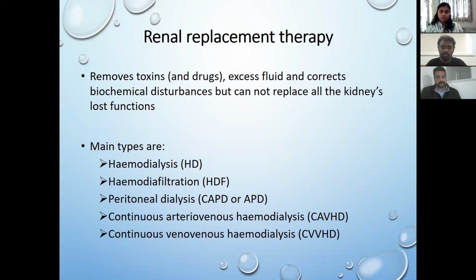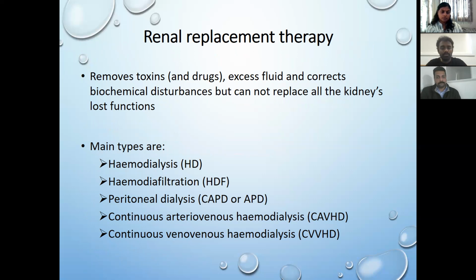So renal replacement therapy obviously is indicated when your renal function is so poor that the kidneys are barely clearing anything. And the renal replacement therapy only replaces the glomerular filtration type function of the kidneys, and thus it can remove toxins and drugs, excess fluid, and it can correct biochemical disturbances. All right.